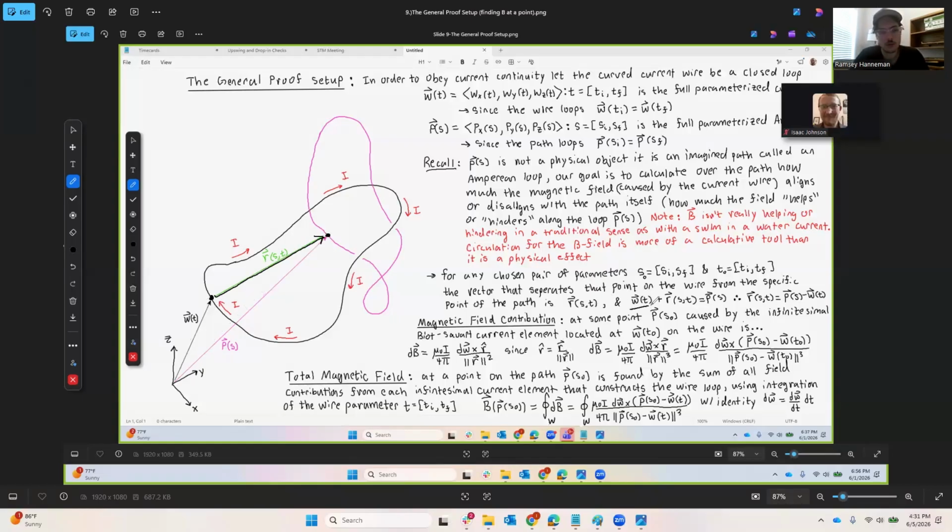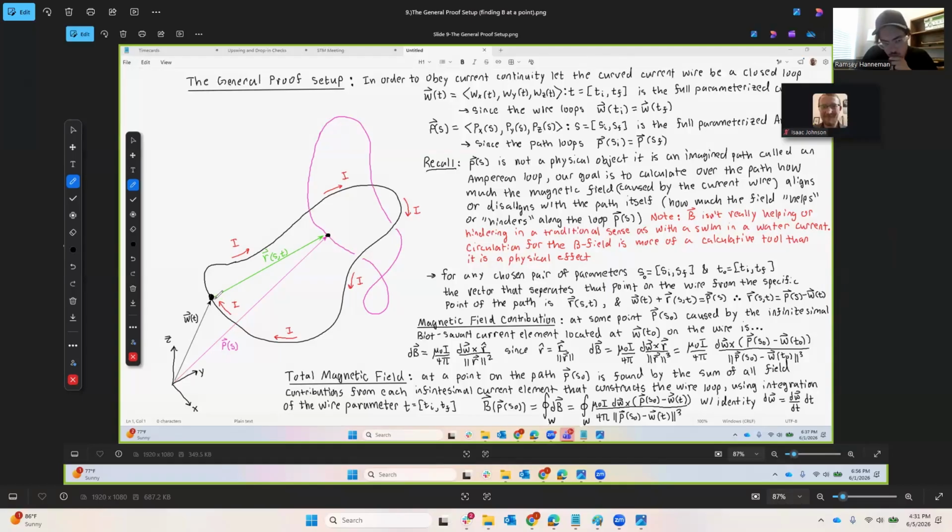And so we get wire plus radius equals path, then we rearrange and we get the radius vector is just the path vector minus the wire vector for any chosen parameter s and t, as long as it's within our loop bounds for that parameter. Because there's so many different ways to pair this up, right?